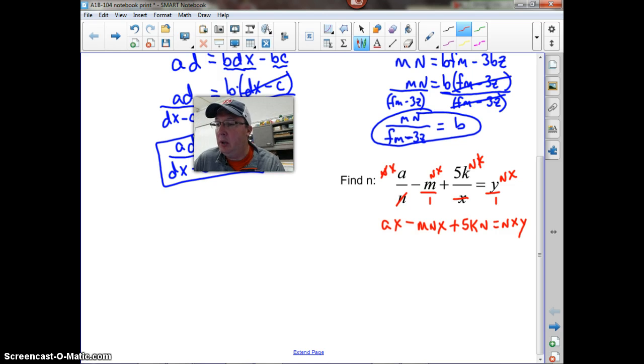Okay, so next step. Now's where I look at what I'm going to solve for. I'm trying to solve for n. So I want all the terms with n on one side, non-n's on the other side. So when I look at it, I have an n in there, an n there, and an n there. I can do two different things. I can bring them all over to the left and send the ax over to the right, or I can move them all over to the right side and leave the ax on the left.